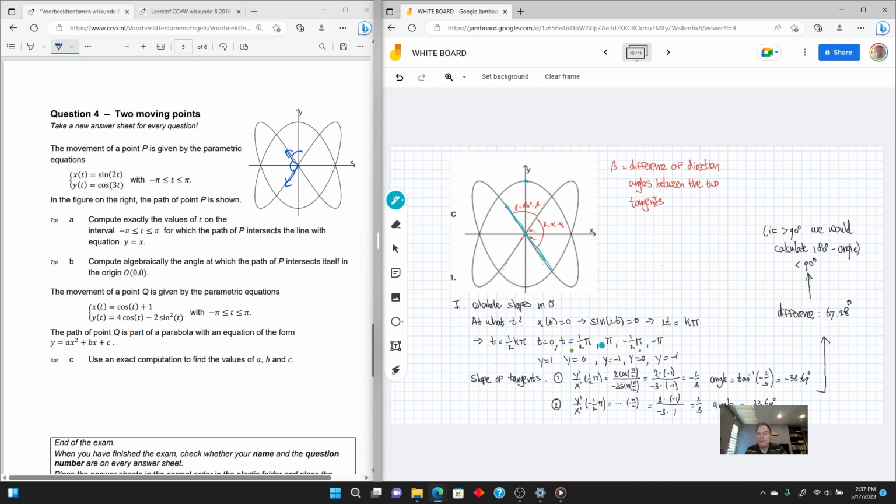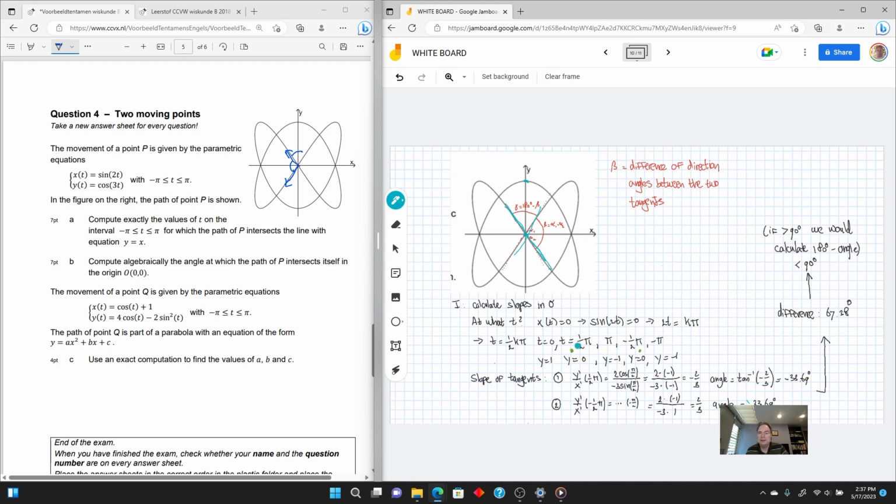And then at minus 1/2 pi, so that happened when t was negative, so trace back, it was here, then you find positive angle 33.69, which is kind of what you expect.